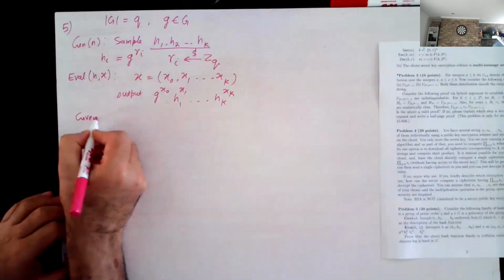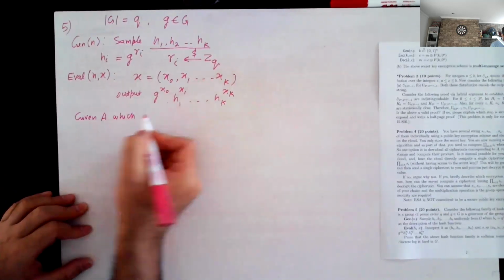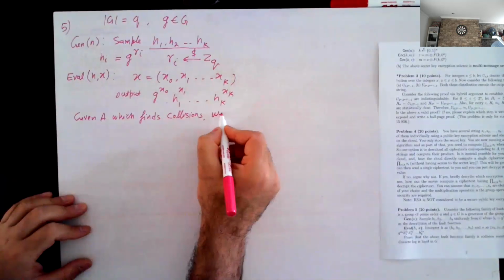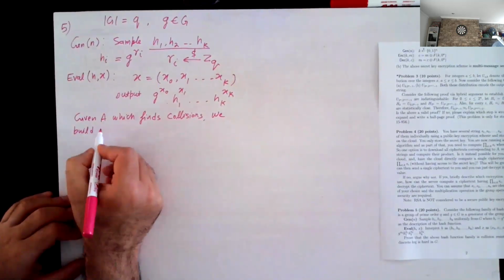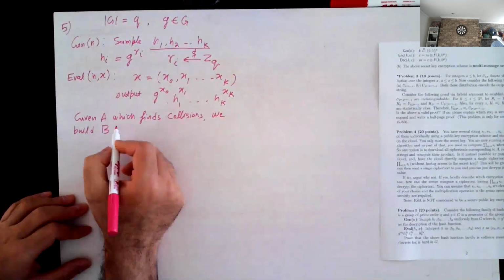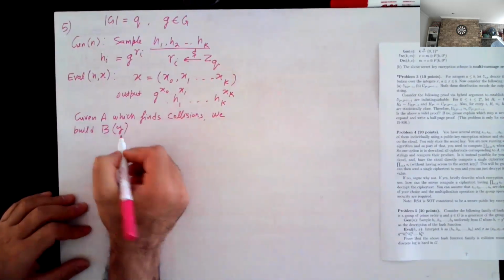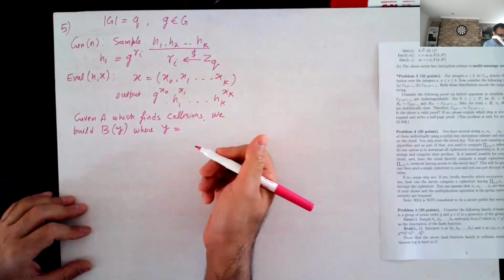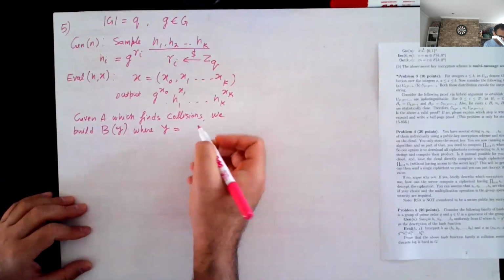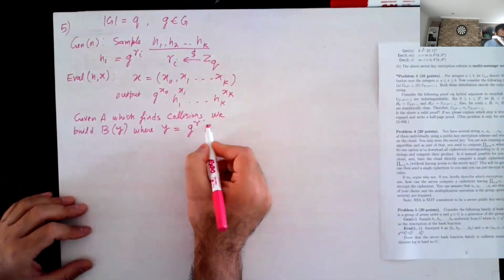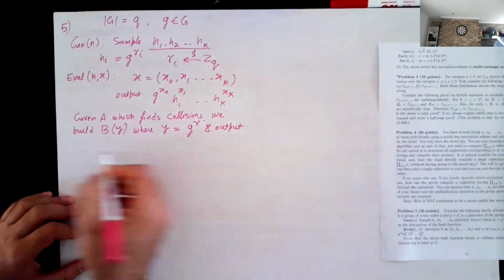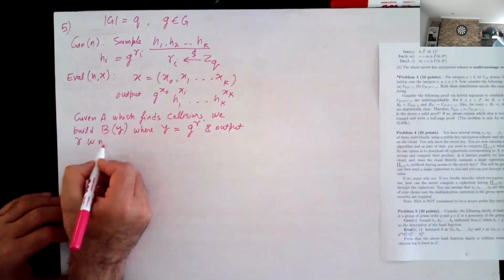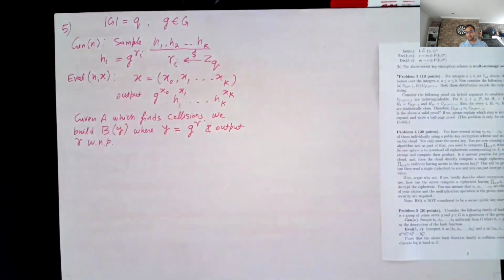So given an adversary A which finds collisions, we build another PPT adversary B which takes as input y, where y equals g to the power r, and it outputs r with some noticeable probability. And this will be a contradiction, right?